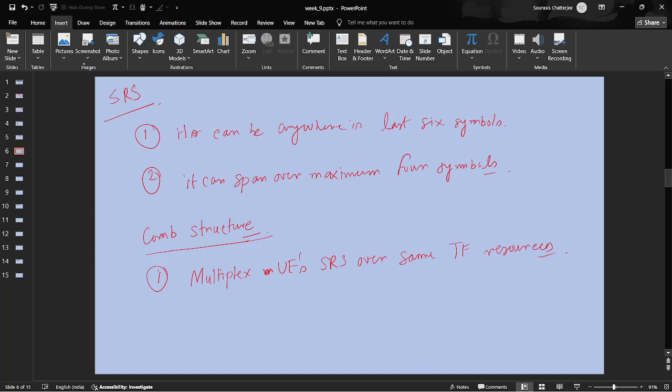In the first case, the locations will be 0, 2, 4, 6, 8, 10. And in the second case, there will be three possibilities.